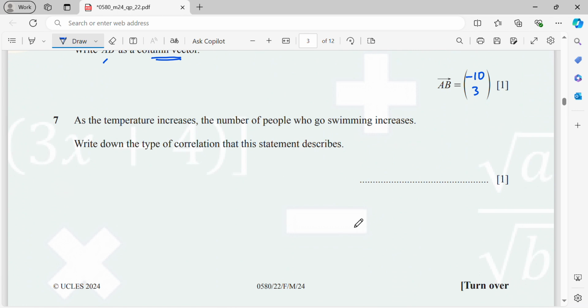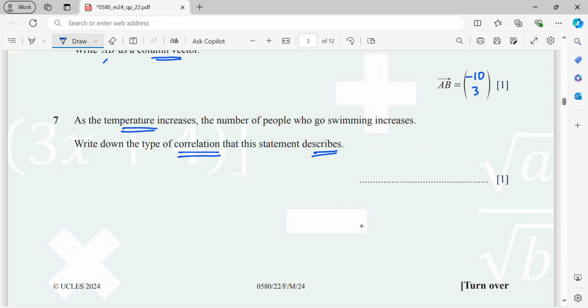Now for question 7, as the temperature increases, the number of people who go swimming increases. Write down the type of correlation that this statement describes. Okay, so we know that the number of people who go swimming is directly proportional to temperature.